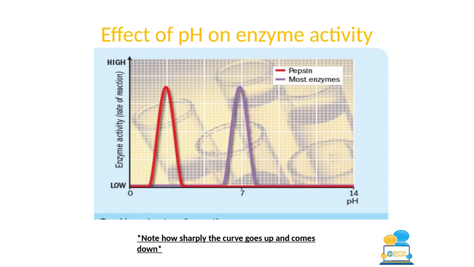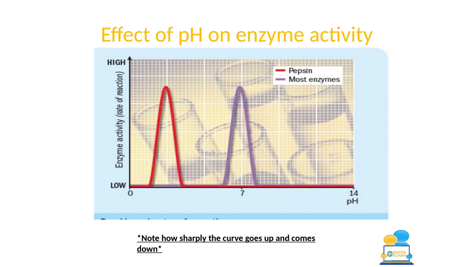For lipase or amylase, our graph is going to be centered on the fact that our peak must be around 7 or 8. We cannot show amylase over here where its peak is at a pH of 9, 10 or 11. Again, you may be asked what enzyme in the human body is represented by this red curve here. If you look at this red curve, its peak is at a pH that is a lot lower than 7.